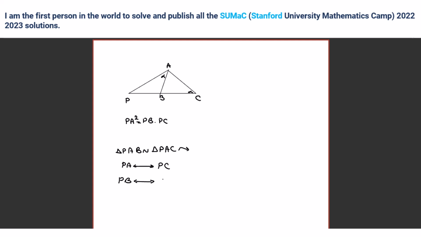PA. Good job. And AB corresponds to what? AC. So PA over PC is PB over PA is AB over AC. Exactly.